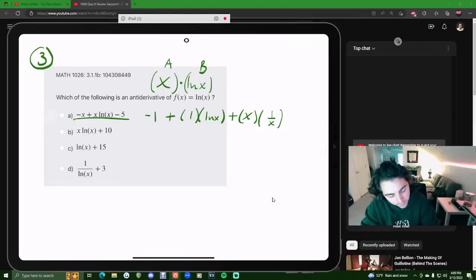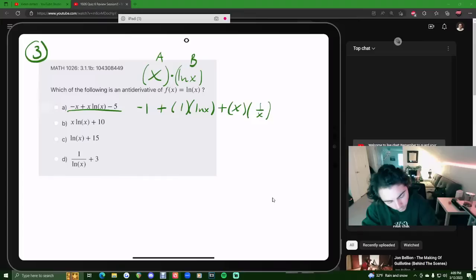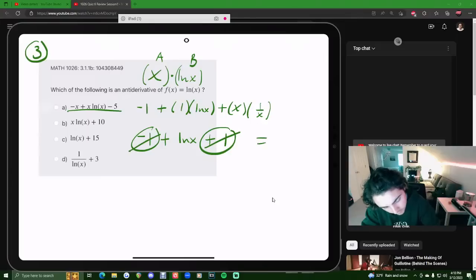If we simplify what we have here, we have a negative 1 plus 1 times ln of x is just ln of x times 1 over x. That's basically like x over x. So it's basically like we're adding 1. Negative 1 plus 1, 0. All we're left with is ln of x.